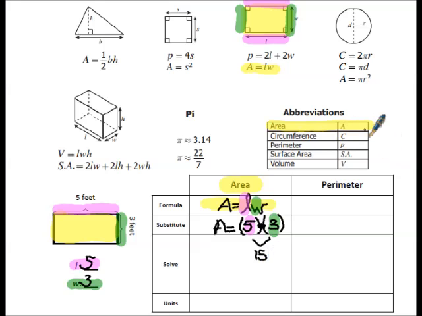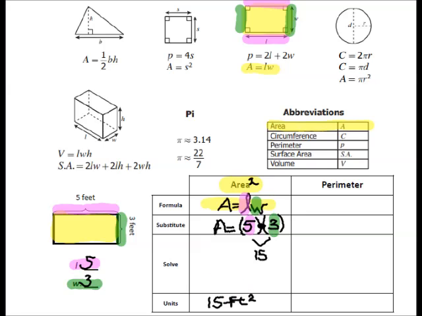So now I know that area is supposed to be squared units. So I am covering that shape with 15 squares that are each a foot long. So it's going to be 15 feet squared as my final answer for the area.